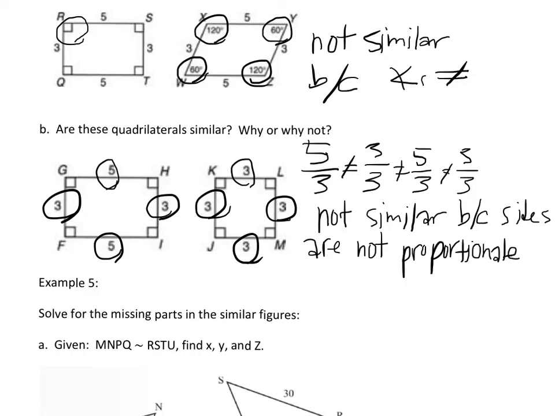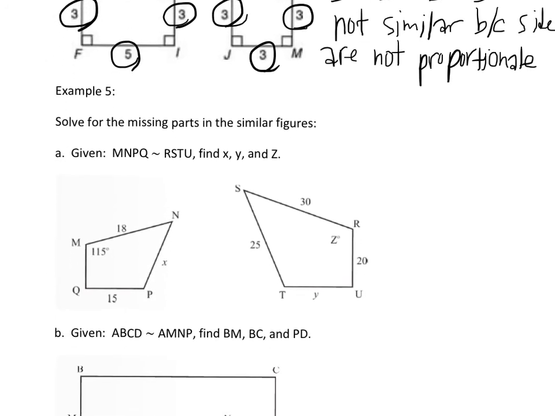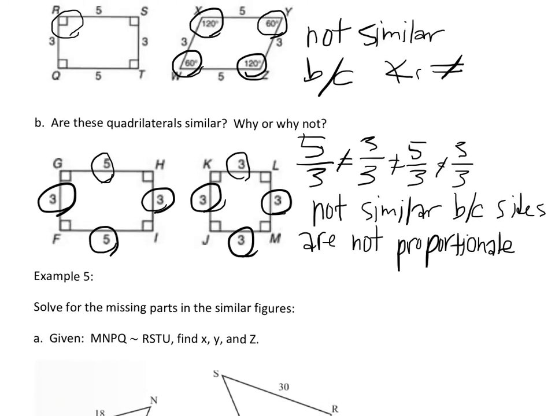Because if I simplified that down, I could get 5 over 3 equal to 1, and we know that that is not true. So that's why we know that those are not similar. And the next video will have some more examples yet.